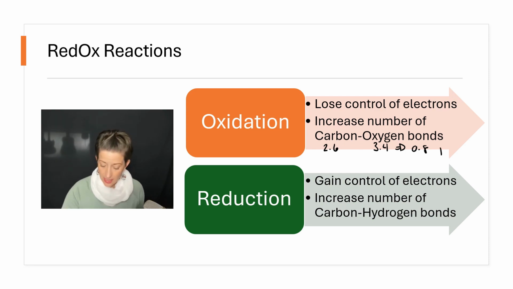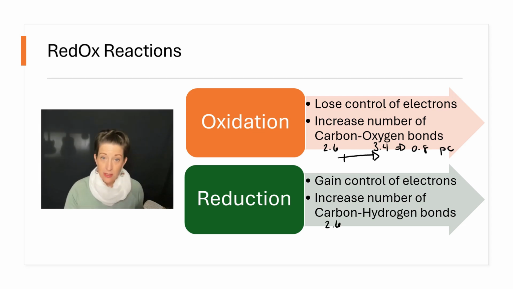That tells us we have a polar covalent bond, and with oxygen being more electronegative, it's going to have more control over those electrons. For carbon to be reduced, it needs to gain control over the electrons. So when we see an increase in carbon-hydrogen bonds, that is a sign that carbon is being reduced.